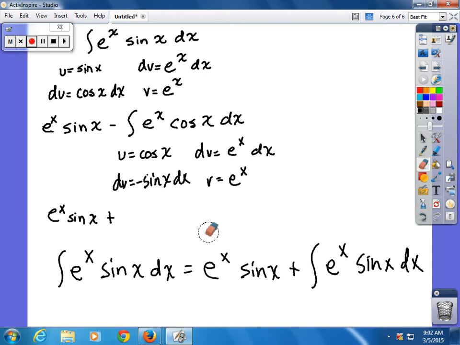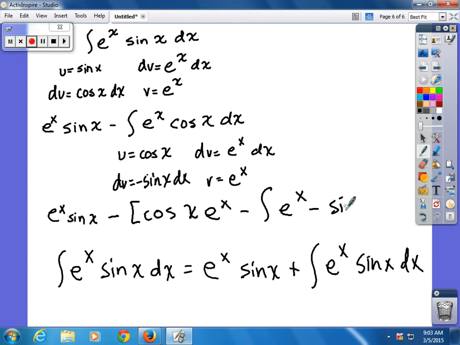Is that what y'all were telling me? What happens when you don't follow your notes? Minus cosine x e to the x minus the antiderivative of e to the x times minus sine x dx.